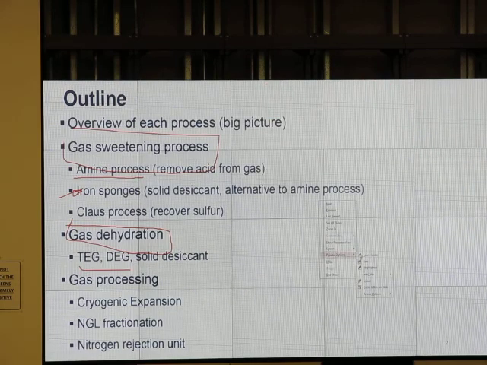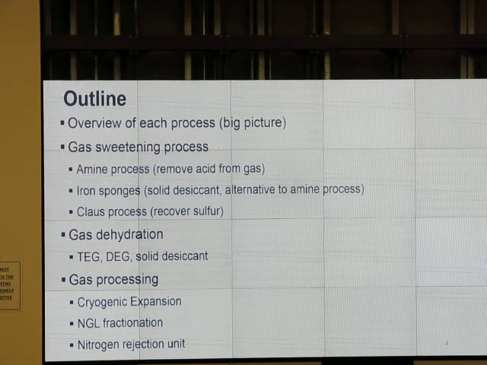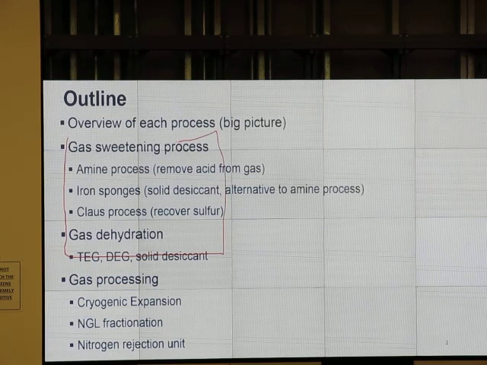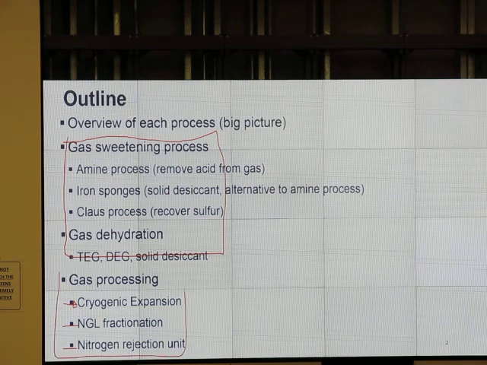Gas sweetening means removing acid gas, and dehydration means removing water. These two can be done at the tank battery. Gas processing means cryogenic expansion, NGL, nitrogen removal and so on. Those things have to be done at the gas plant. You cannot do it in the field.